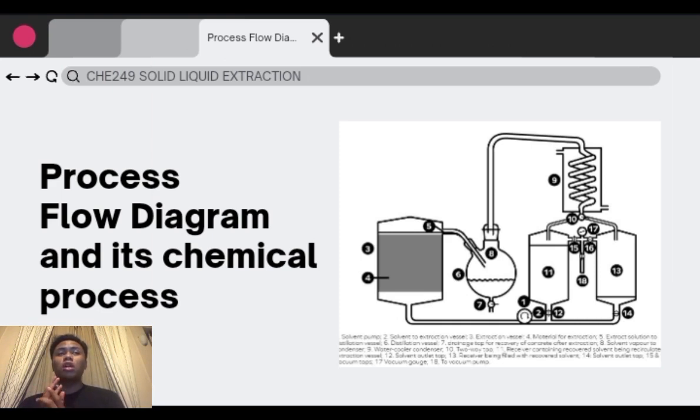The solid liquid extraction happens at the extraction vessel, which we can see as numbers 3, 4, 5. Okay, that is the extraction vessel. Now I'm going to pass this PFD to the next topic.